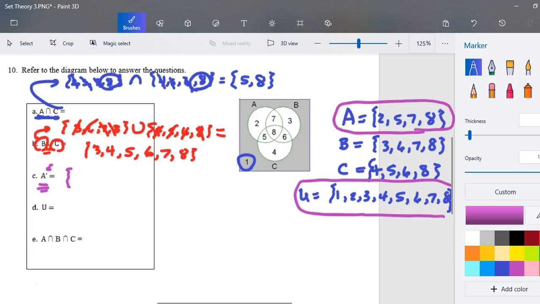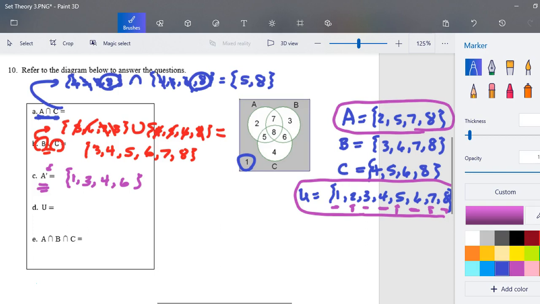So out of the universe, I'm going to remove 2, 5, 7, and 8. Everything else will be the complement of A, which would be 1, 3, 4, and 6, because 2, 5, 7, and 8 are all in A, but 1, 3, 4, and 6 are not in A, and that's the definition of complement.